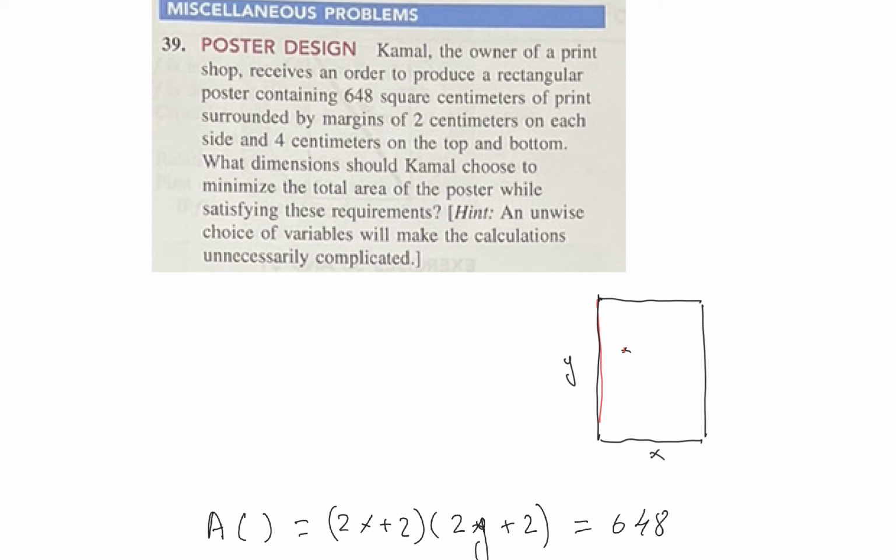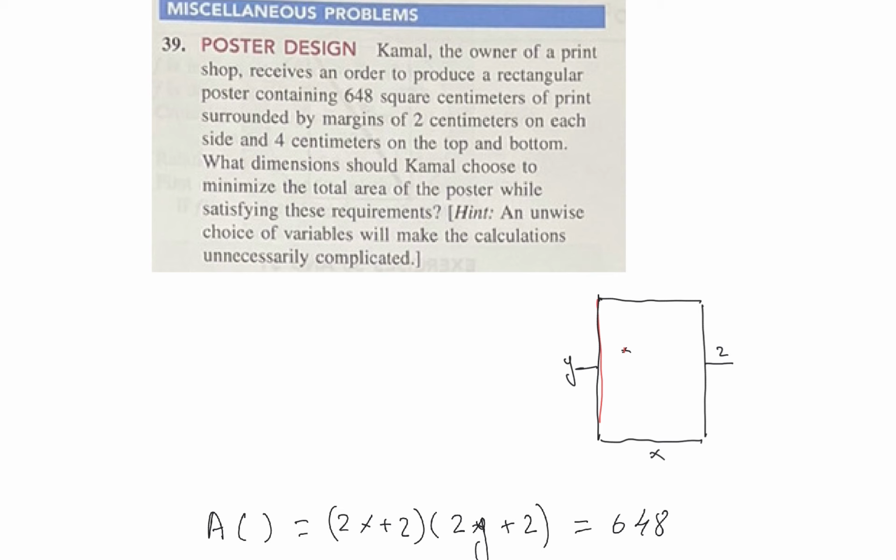But they say that you need to respect a margin of 2 centimeters on each side. So 2 centimeters here, 2 centimeters here, and 2 centimeters here.